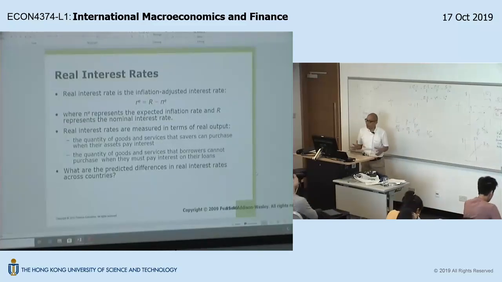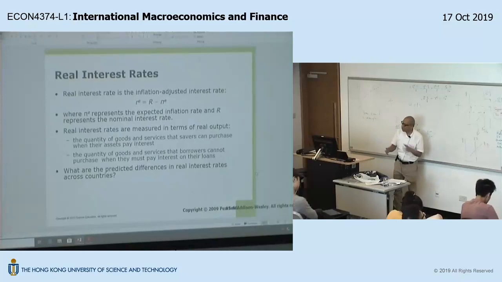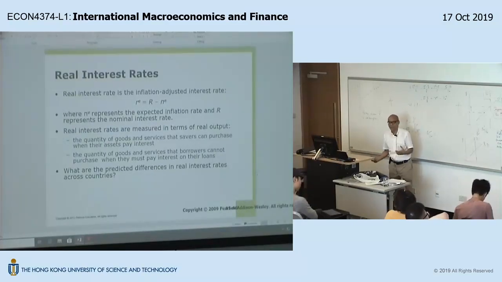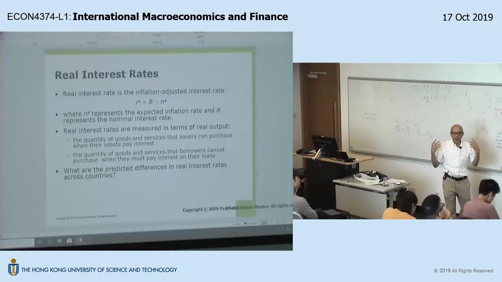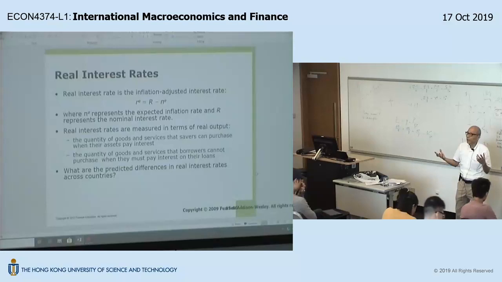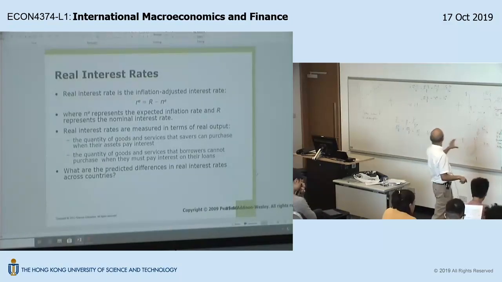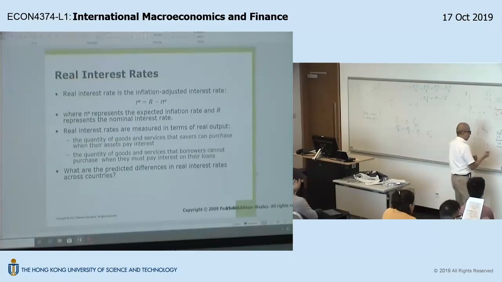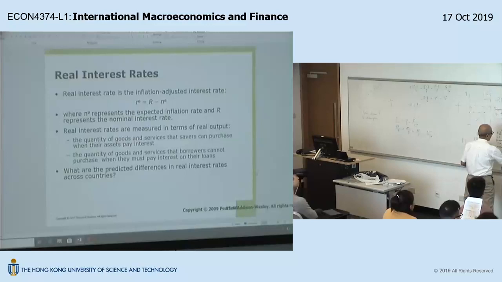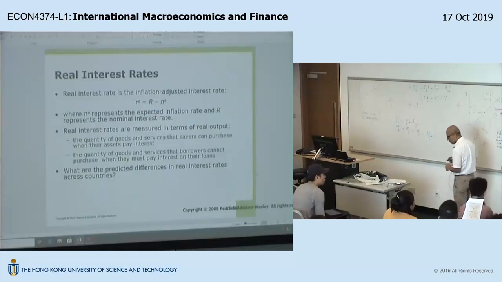But then what is the relationship between the real interest rate across countries? That's the question. The reason we ask this question is the uncovered interest parity. So the uncovered interest parity tells you R is equal to R star plus (E^e minus E) divided by E, right?